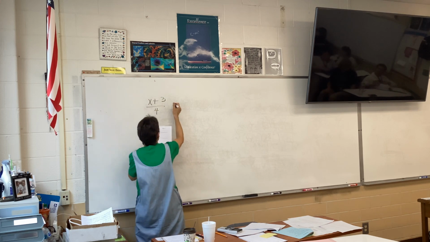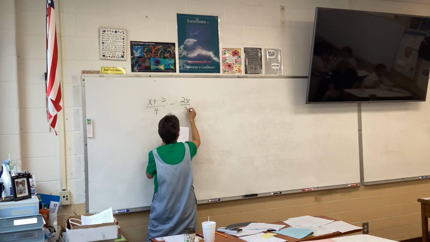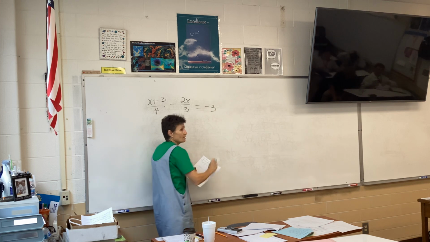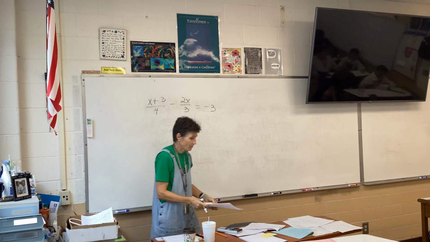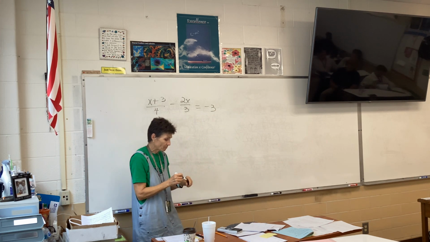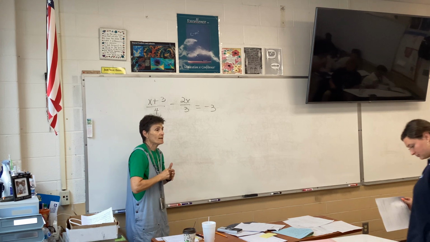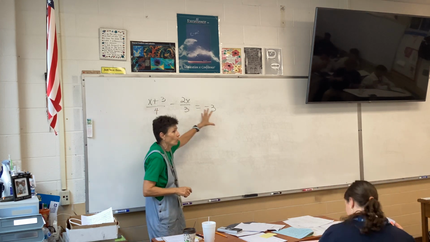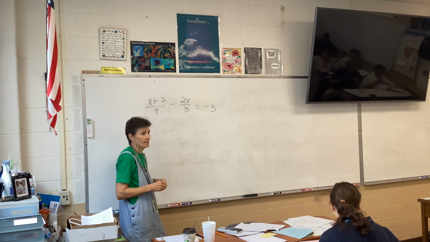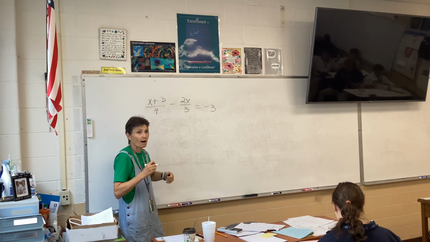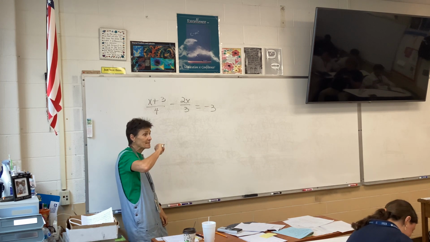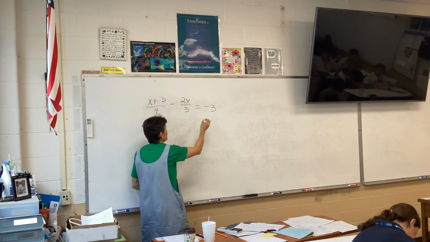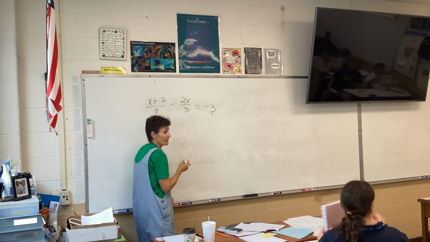Who remembers? This is just everything all mixed up, guys. So who remembers our strategy when we had a problem full of fractions like this? Get the same denominator. Now, when we say get the same denominator, we mean all the denominators.